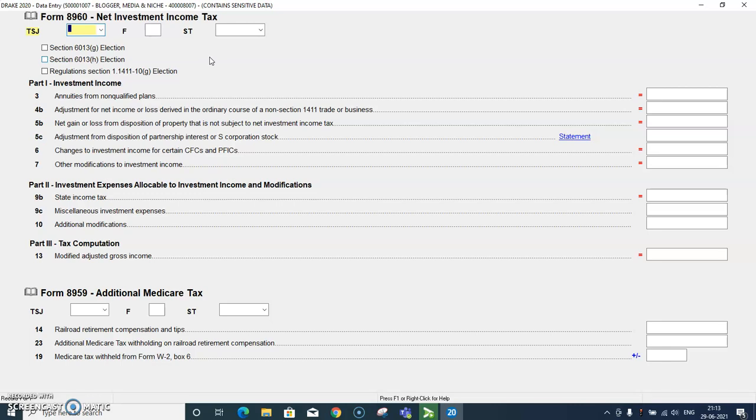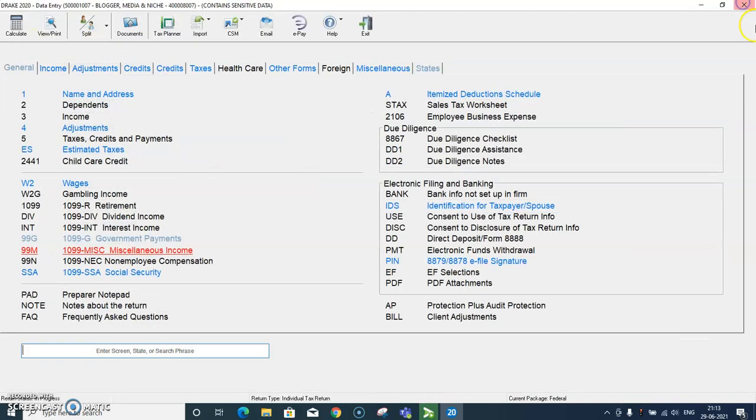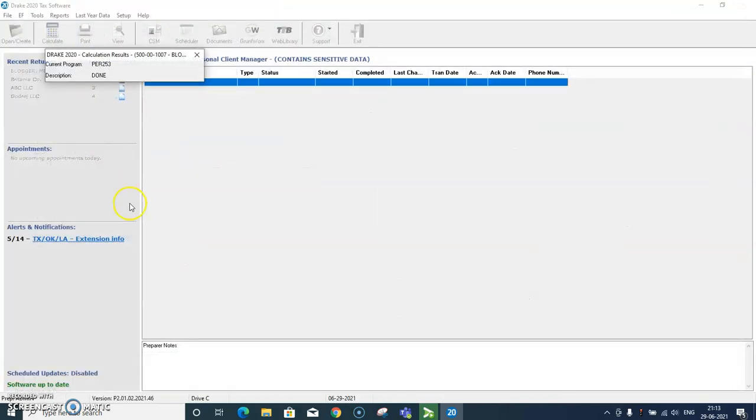So you can see part 1, investment income, part 2, investment expenses allocable to investment income and modifications, and part 3, tax computation. You have to report here as per the information you have, and then you can see if the threshold limit is exceeded, only then it will flow. Let's have a quick look.